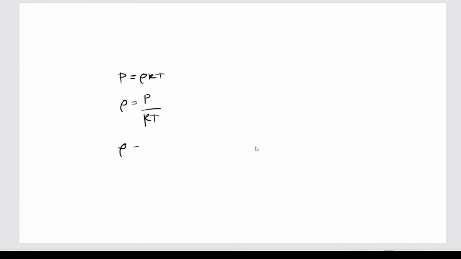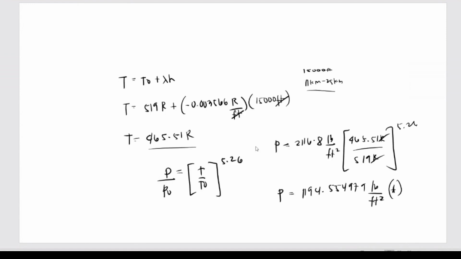So, density is equal to store A, pounds force per feet squared over R, 1716 foot pound force per slug Rankine times the ambient temperature, that is 495 Rankine.